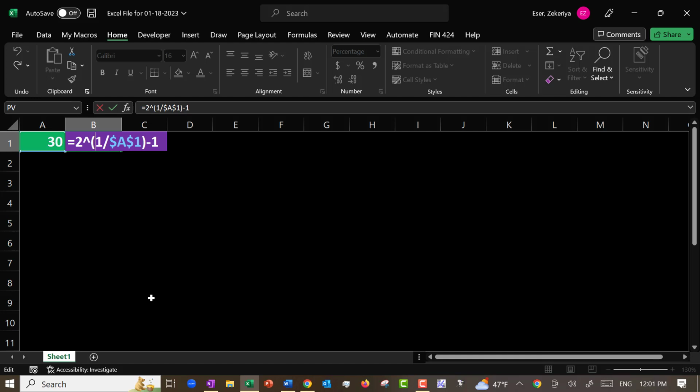Those dollars mean something. The first dollar says, when you copy and paste this formula, fix the reference to the column. The second one means fix the reference to the row. Both of them are there, that is an absolute reference.